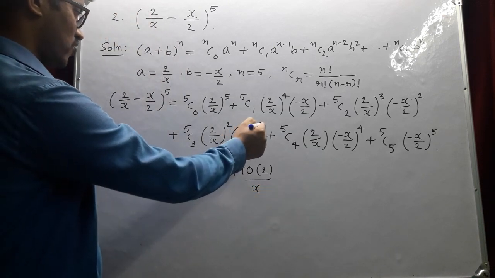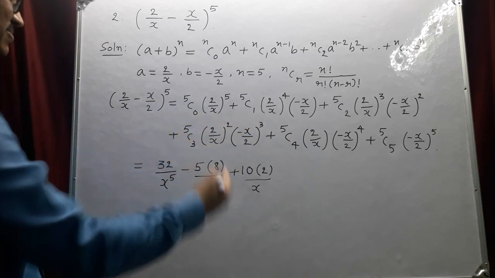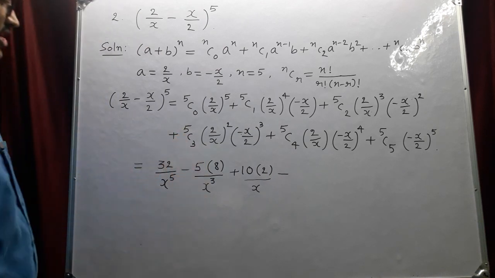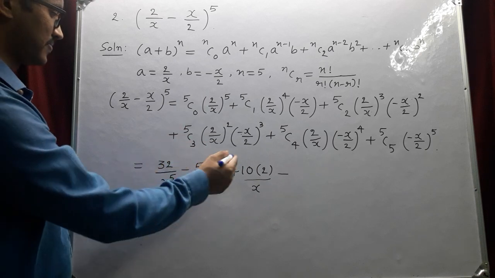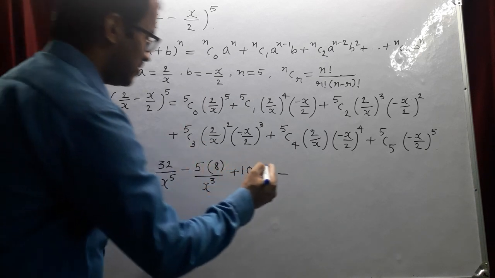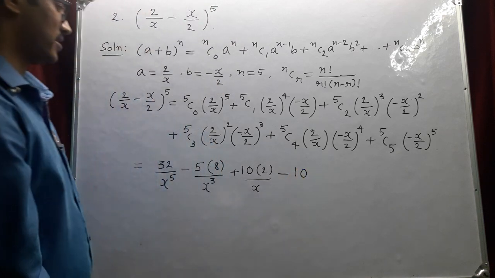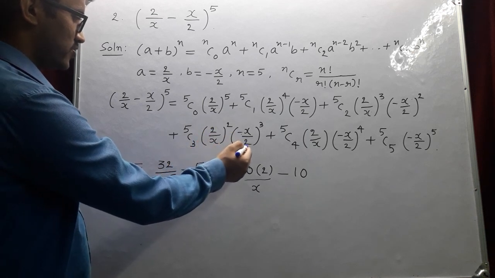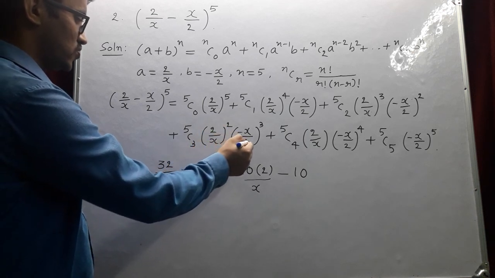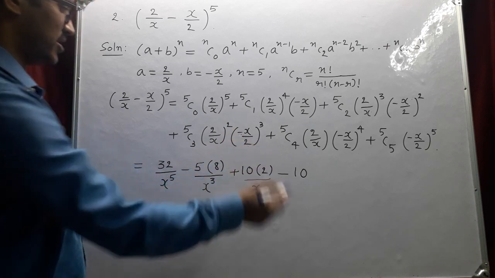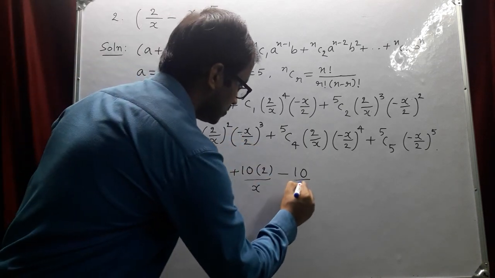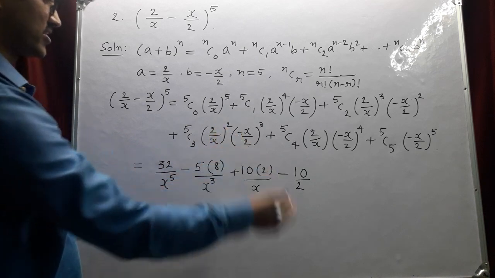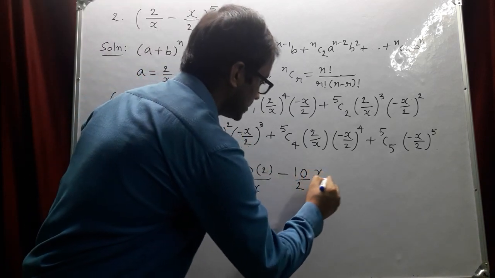Here minus 1 whole cube is minus, so plus into minus becomes minus 5c3. 5c3 value is again 10 into, see here, 2 square, here 2 cube. So we can cancel 2 square, so remaining is 2 in the denominator. Here x cube by x square, so x square we can cancel, that is x.